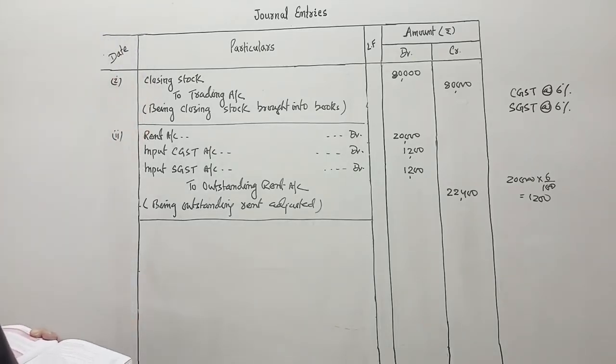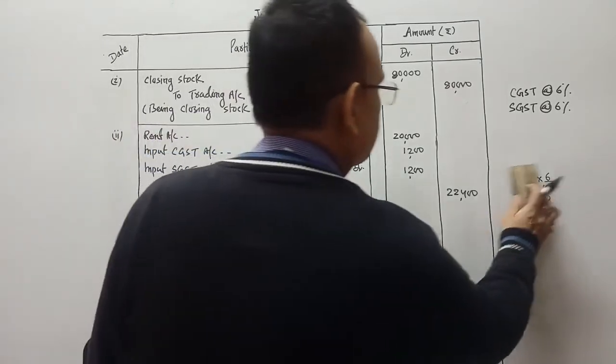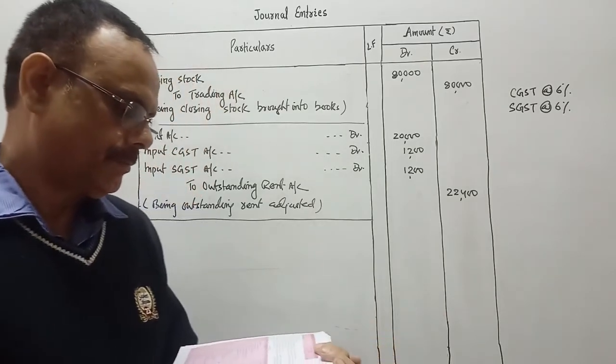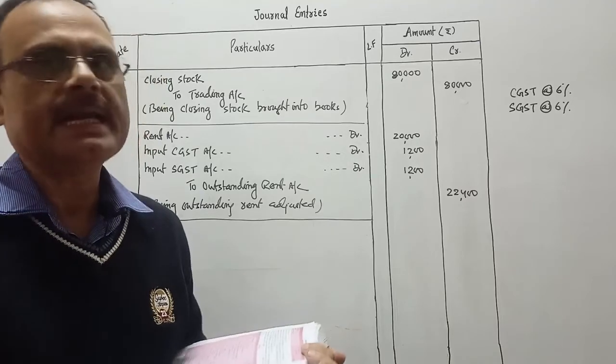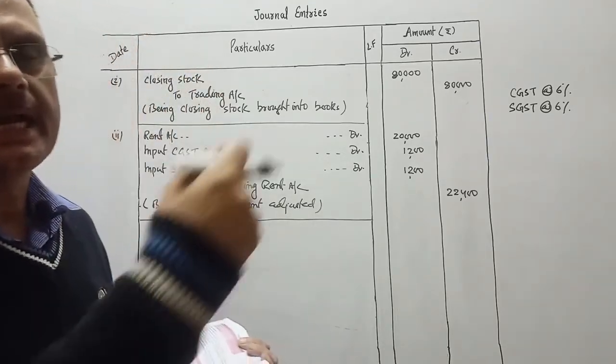Okay. Next one is insurance premium amounting to rupees 15,000 paid in advance. We pay the insurance premium in advance.